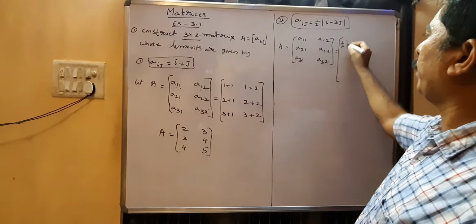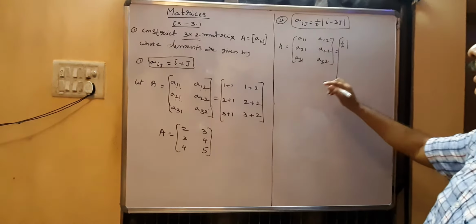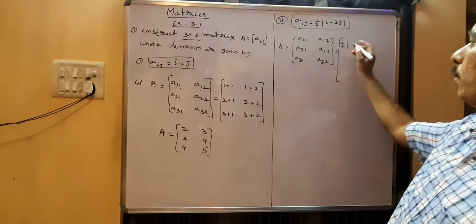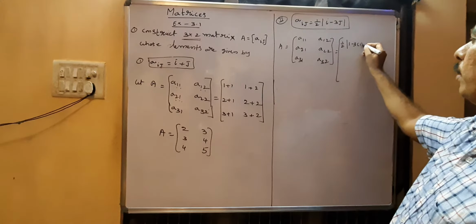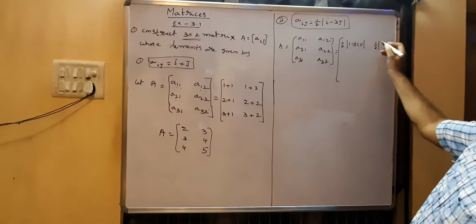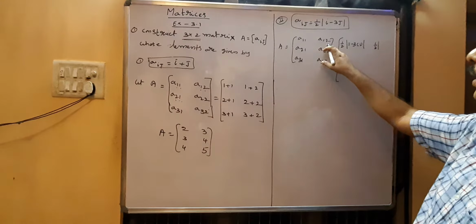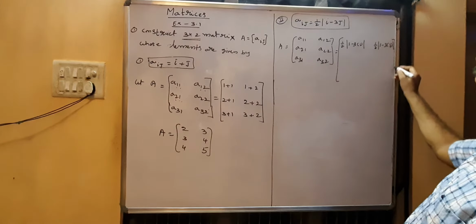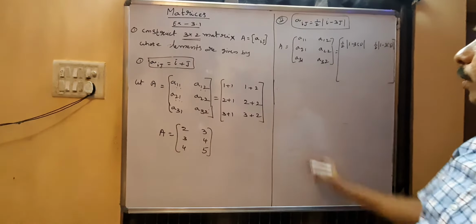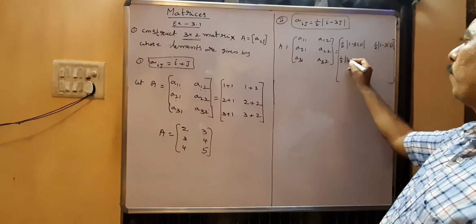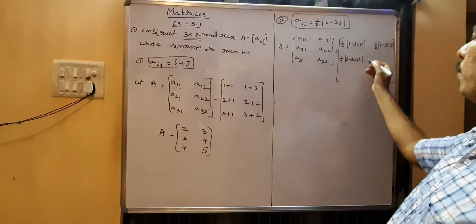1 by 2 into, in place of i is 1, in place of j is 1: 1 minus 3 into 1, mod. First row second element: 1 by 2 into mod, in place of i is 1, in place of j is 2: 1 minus 3 into 2. A21: in place of i is 2, in place of j is 1: 1 by 2 into mod of 2 minus 3 into 1.